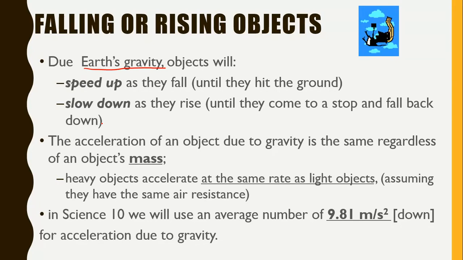Same thing with things that you throw up in the air. If I throw a ball up in the air or kick a ball up in the air, it is going to slow down as it rises until it hits 0, and then it's going to fall back down. So we call this the acceleration due to gravity. The acceleration due to gravity is the same regardless of an object's mass.